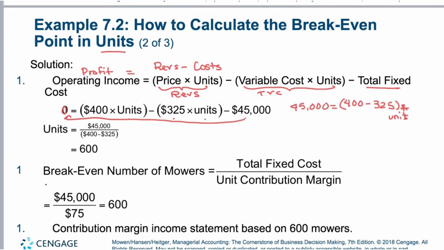Right, and so therefore you can just simplify it to have your units equal to your fixed cost divided by the contribution margin per unit.